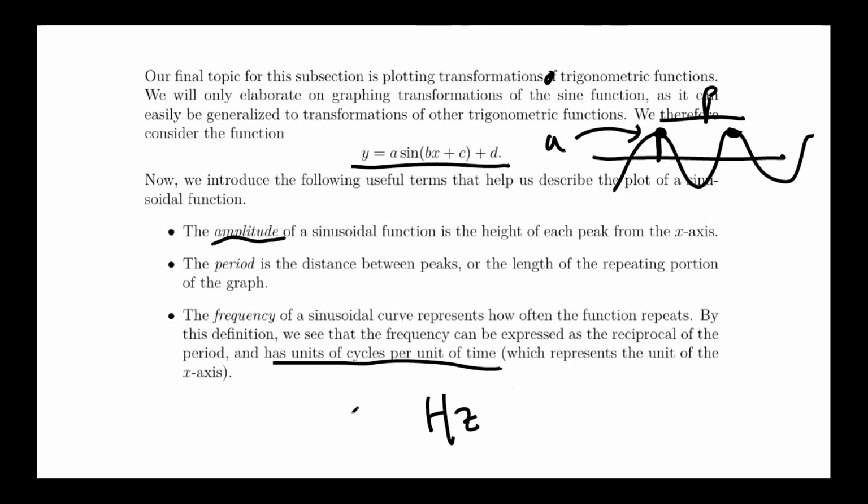So if you've ever tuned a musical instrument, you might have tuned it to an A of 440 hertz. And that just means 440 oscillations or 440 cycles per second of the sound wave.